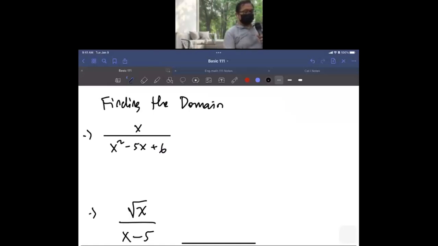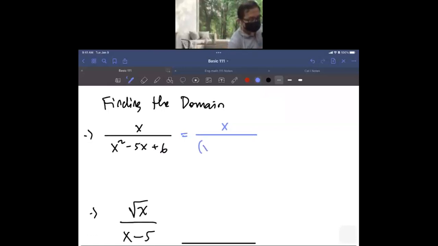So I think the first one is not really complicated. Because the denominator has some algebraic expression, we can see that this has a quadratic equation. First thing we can do is factor this expression. So I think it's easy: x minus 2, x minus 3, right? Easily getting plus 6 and negative 5 when we add these two.